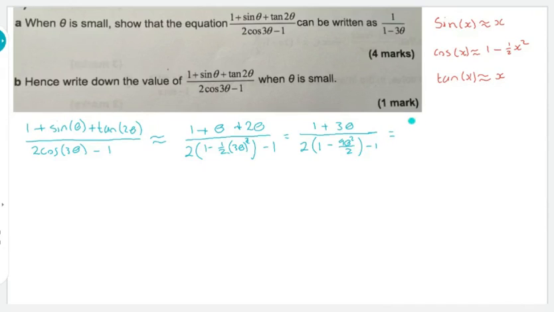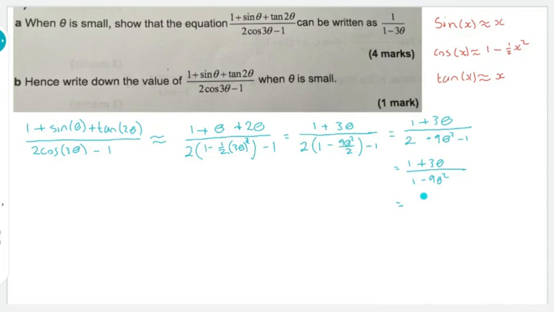If I multiply the bracket out, I get 2 times 1, which is 2, minus 9 theta squared, then minus 1. That becomes 1 plus 3 theta, all divided by 1 minus 9 theta squared.